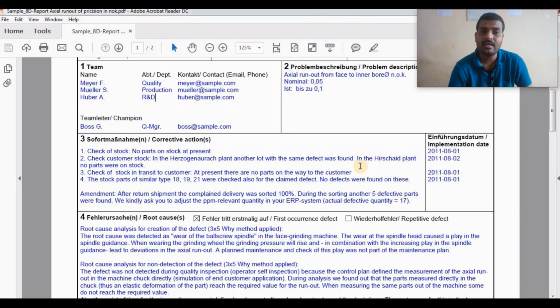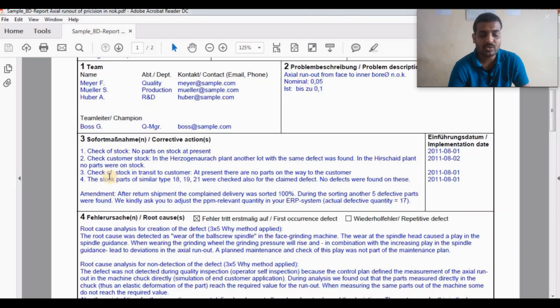Then it comes to the containment action. In order to implement containment actions, 100% checking is to be done. Here they have checked the stock at their level, the stock at customer level, the stock in transit to the customer, as well as the stock of similar pattern or similar types.